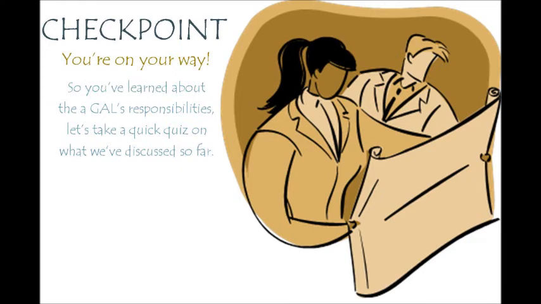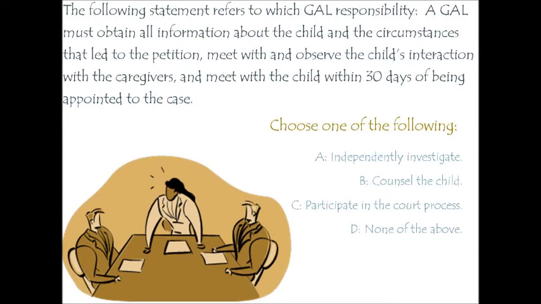So you've learned about a GAL's responsibilities. Let's take a quick quiz on what we've discussed so far. The following statement refers to which GAL responsibility? A GAL must obtain all information about the child and the circumstances that led to the petition, meet with and observe the child's interaction with the caregivers, and meet with the child within 30 days of being appointed to the case.